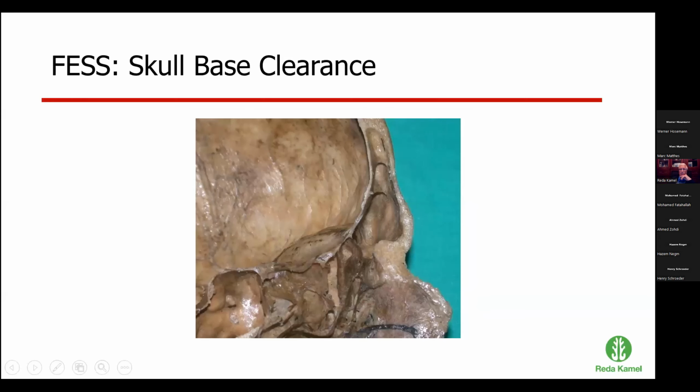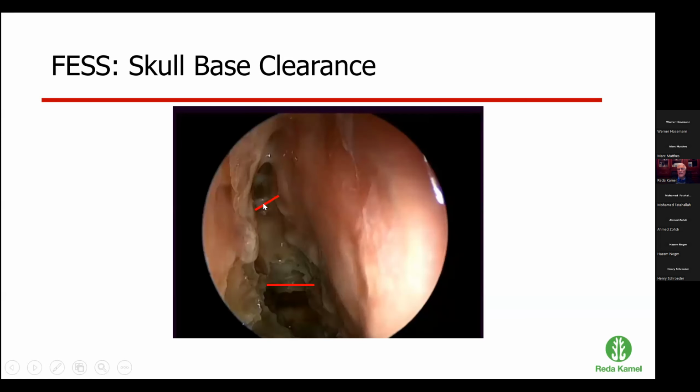We came to the end of our work, exposing, as you can notice here, that the skull base is curved, it's not flat. Here are the anterior cerebral artery and posterior cerebral arteries. We have the frontal sinus ostium, suprasellar, and then the anterior ethmoid artery, the roof of the anterior ethmoid, roof of the posterior ethmoid, and then the posterior ethmoid artery.